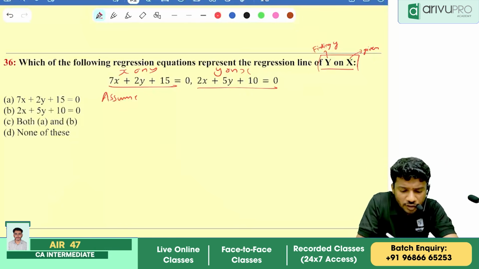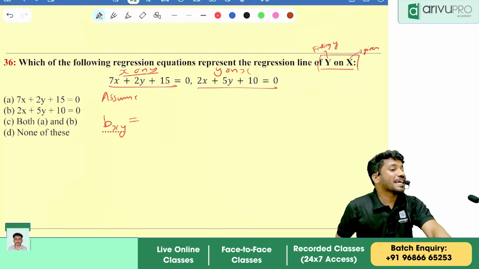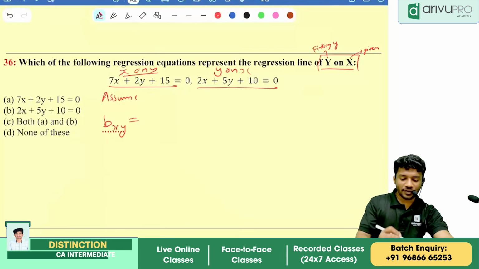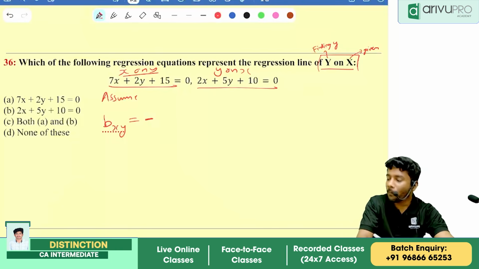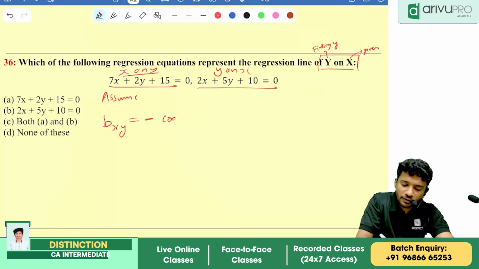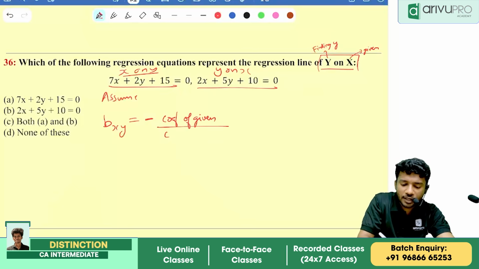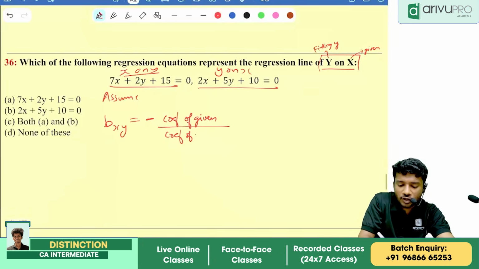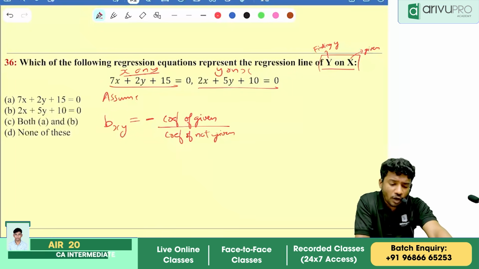Now people, we are going to find x on y, meaning bxy. Regression coefficient of what? X on y we are finding. Listen carefully. The shortcut method is minus coefficient of given divided by coefficient of not given, or whatever we are finding. What is given over here?